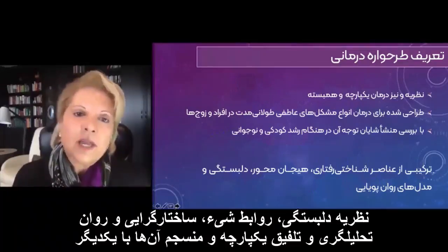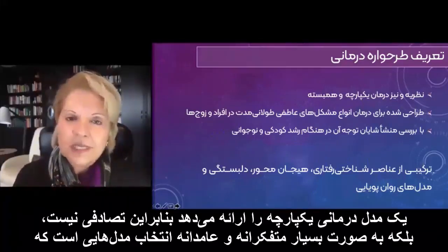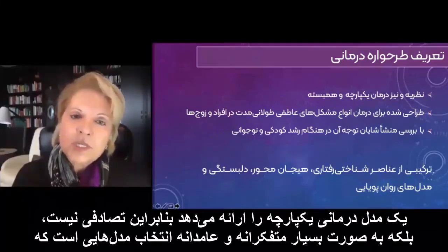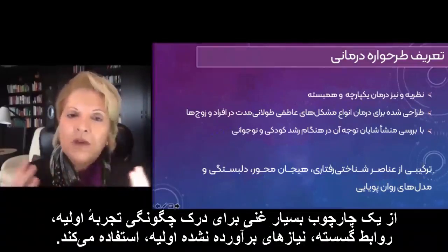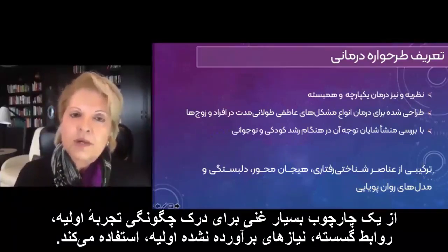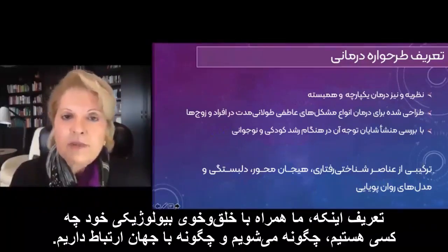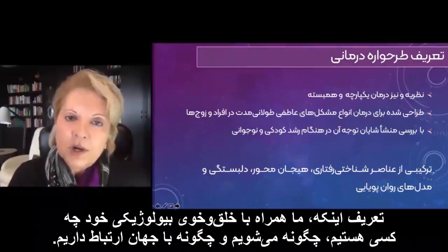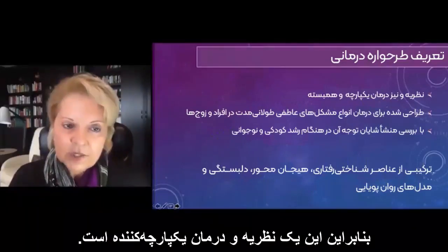So we integrate, not eclectically, it's not haphazard, it's really very thoughtful, deliberate, choosing and selecting of models that really support a very profoundly rich framework for understanding how early experience, early attachment ruptures, early unmet needs begin to define, along with our temperament and biology, who we are and how we become and how we relate to the world. So this is an integrative, unifying theory and treatment.